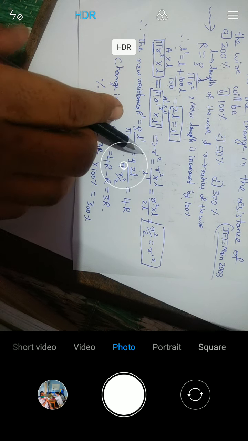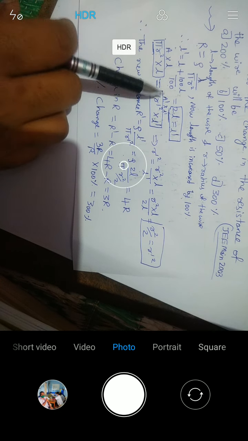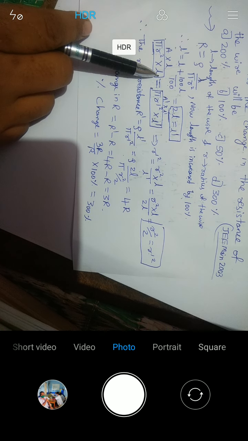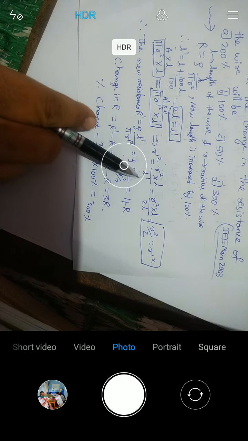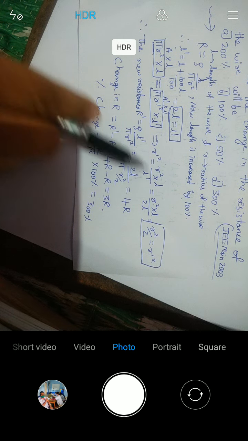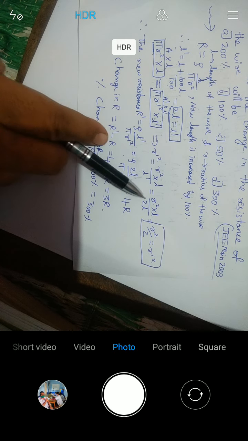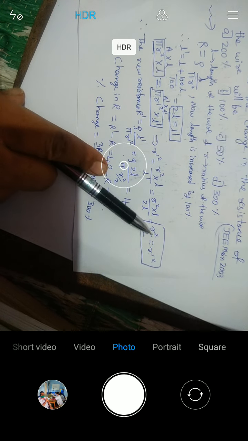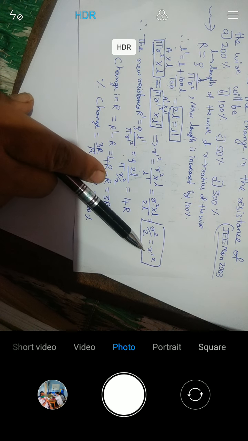That gives, pi gets cancelled, r dash square is equal to r square into L divided by L dash, that equals r square L by 2L. Therefore, r square by 2 is r dash square.